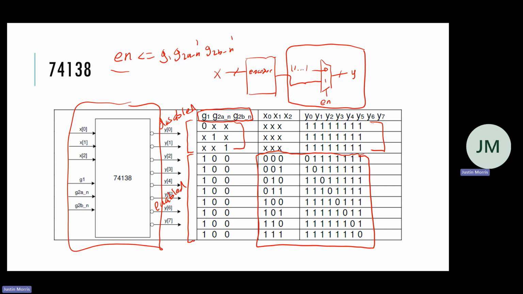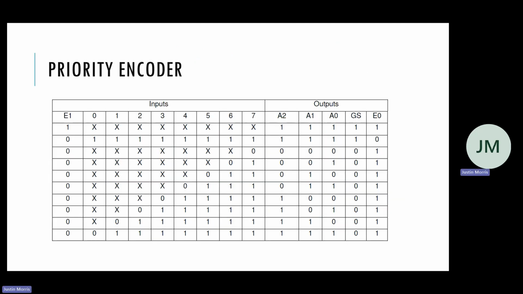All right. So the next encoder that you're going to make is a priority encoder. This one is a little bit different in that we can have 0 outputs on any of these inputs, but we only care about the earliest one.